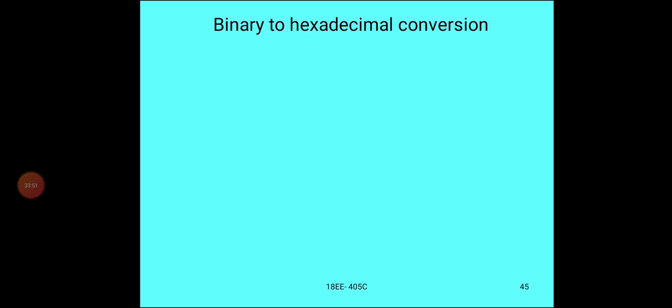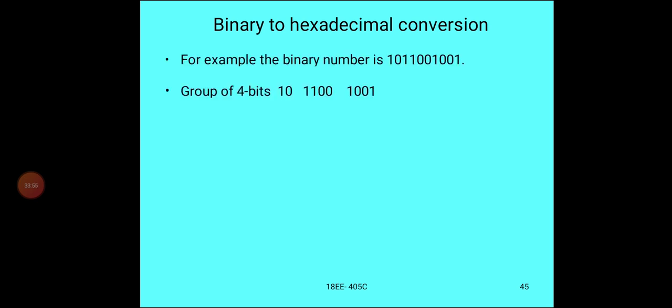Binary to hexadecimal conversion. The binary number is 1011001001. Group it into 4 bits.